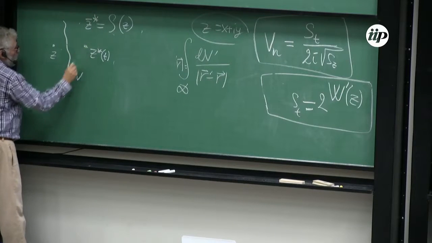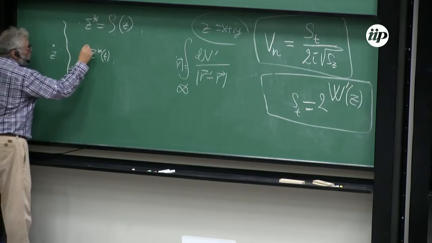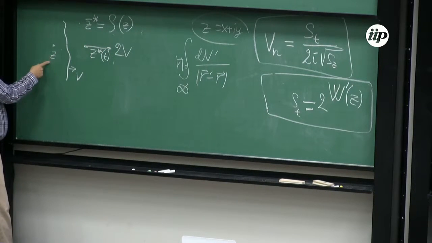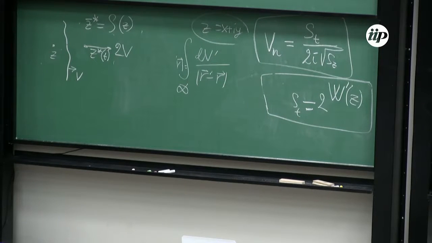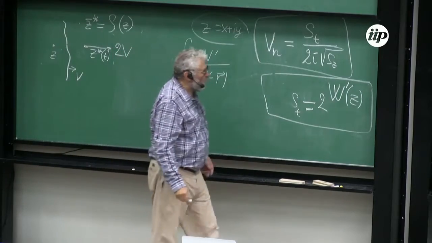Therefore, if this guy moves with velocity v, this guy should move with double velocity in order to hold this constant during my process of simple differentiation. This explains this mysterious coefficient 2.